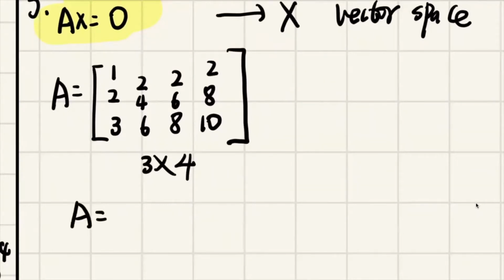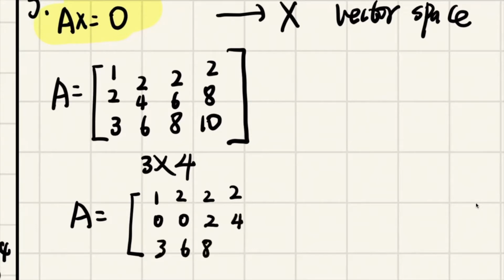And then let's try to do the elimination. The first thing we'll do is eliminate the 2, right? So we get 1, 2, 2, 2, 0. It will also be 0, so it will be minus 4, 2, and 4, 3, 6, 5, 10. And also we will eliminate the last one.